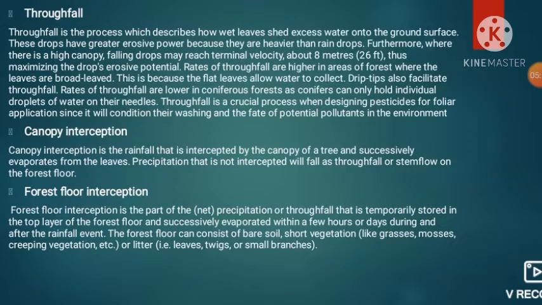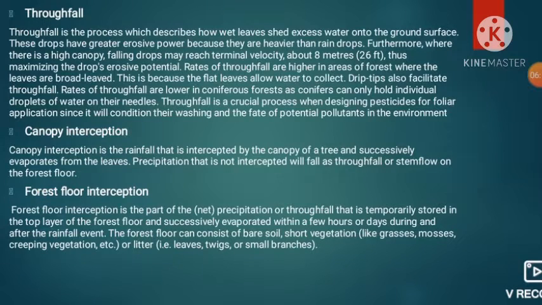Rates of true fall are higher in areas of the forest where the leaves are broad-leaved. This is because the flat leaves allow water to collect. Drip tips also facilitate true fall.